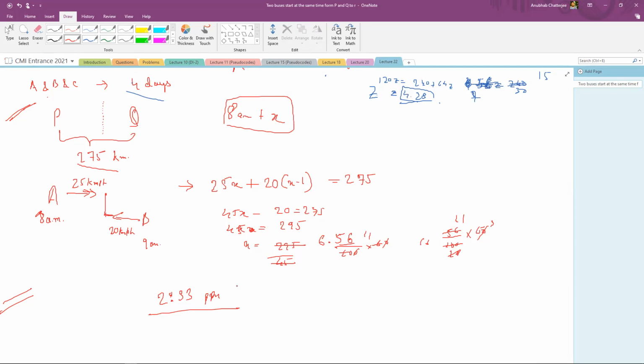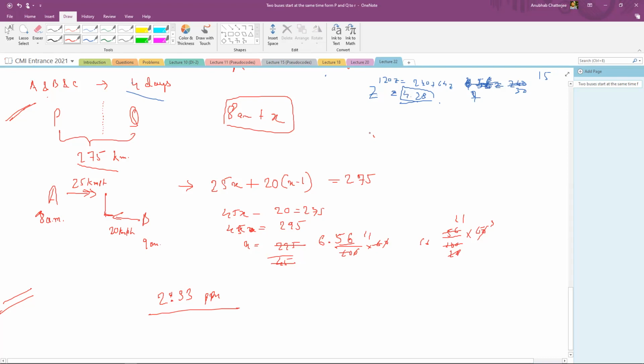So I took the other method. Suppose t is the time that they meet each other, and x is the spot where they meet, the distance from A. So x by 25 is equal to 275 minus x by 20. From there I get x.